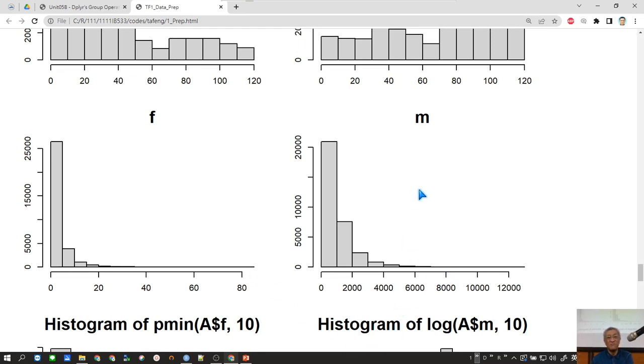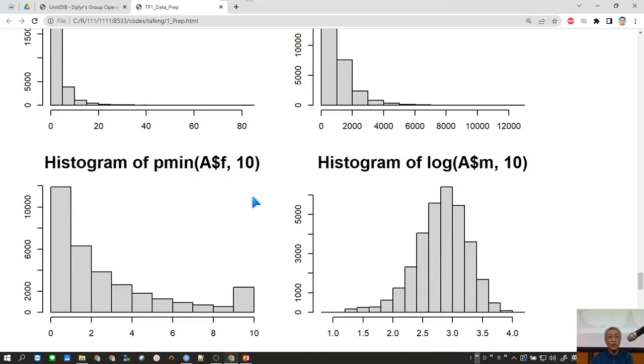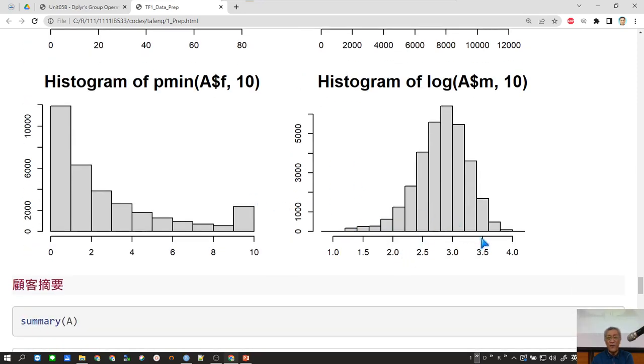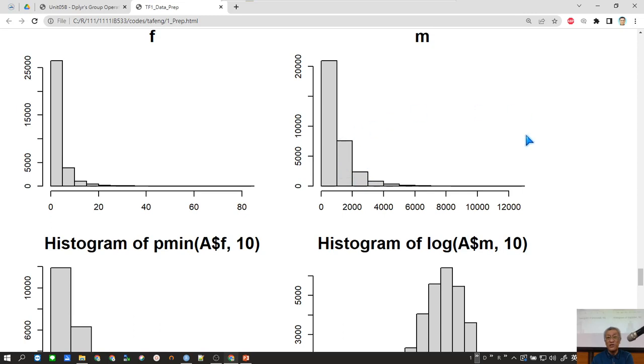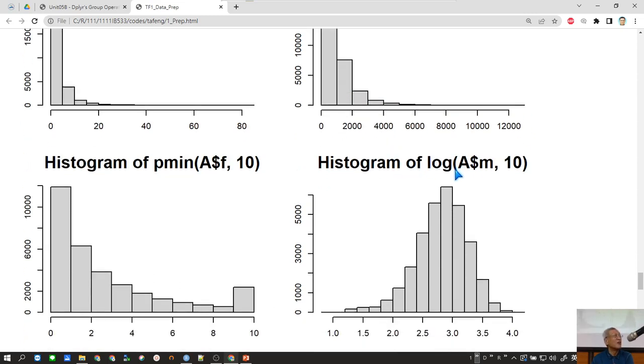And this is the distribution of money, right? So you can see that now each bar is how many? Can anyone see? 1,000, right? So most of the customers' average buying amount is within 1,000, right? You can see that, right? And I tell you that if we want to see the distribution better, we can apply log, right?